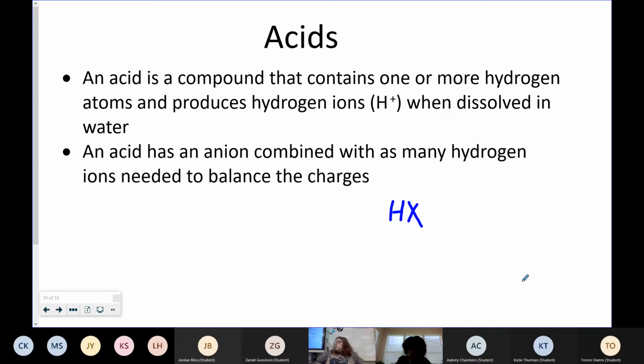What identifies an acid as being an acid is that it does start with hydrogen, and only that hydrogen at the beginning can be given up to produce those hydrogen ions. If we had a polyatomic that had hydrogen in it, that hydrogen would not do anything. It's only that first hydrogen that can be given up.